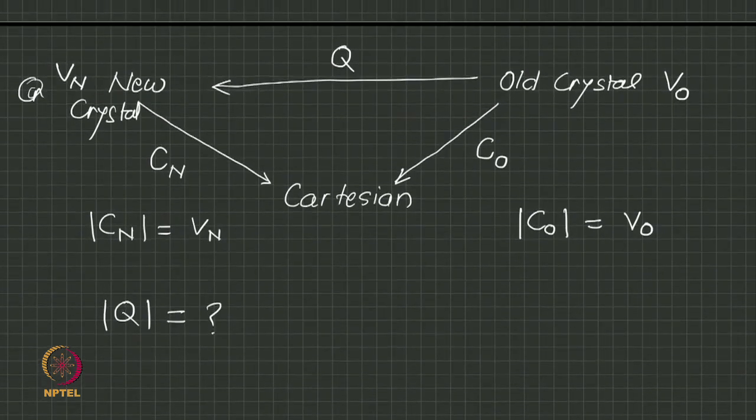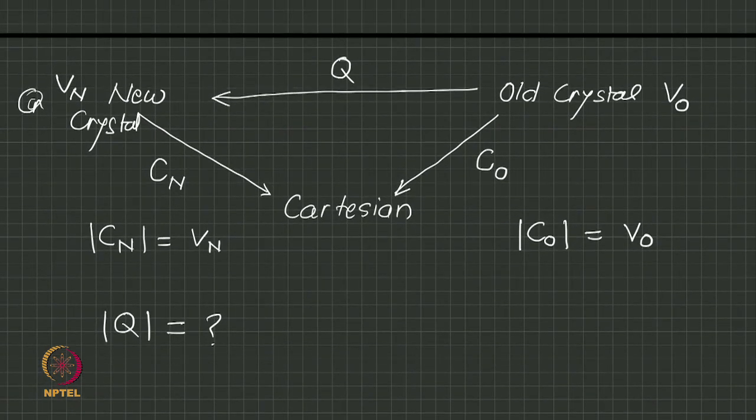Whatever is achieved by Q will also be achieved by a product. Suppose we first transform with C old, and then we transform to the new; we are going by a circuitous route.